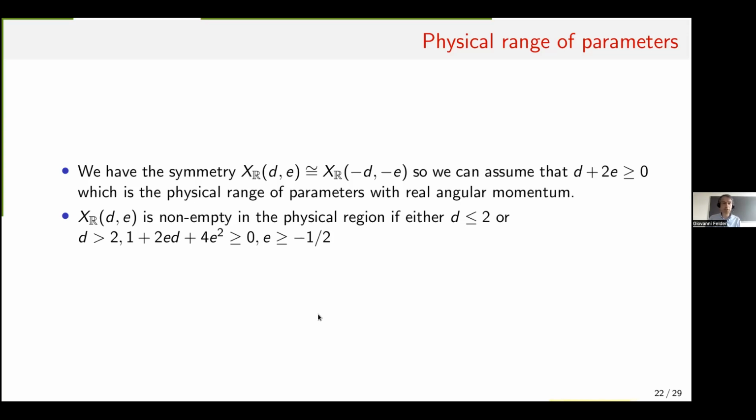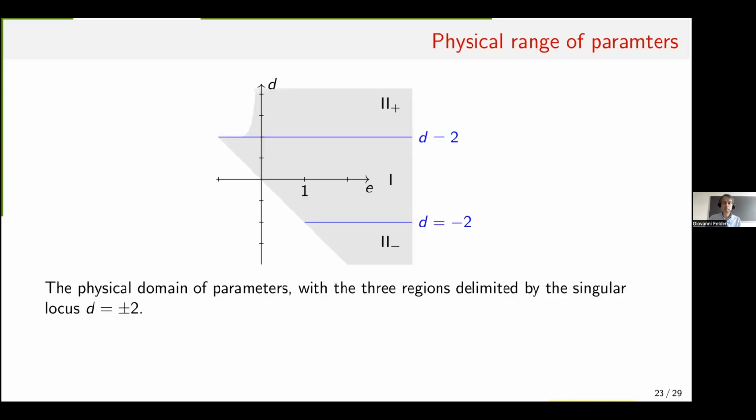I have a little picture to explain that. This is the parameter space. We have D and E, the energy and this combination of angular momentum and Laplace-Runge-Lenz vector. The gray region is the region where you have a non-empty level set.